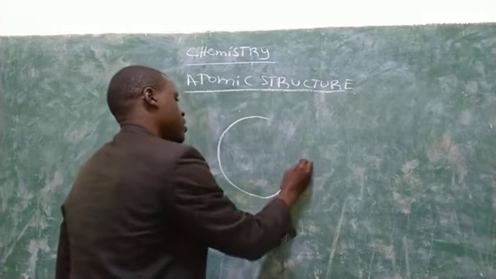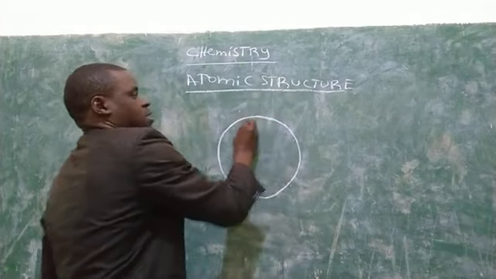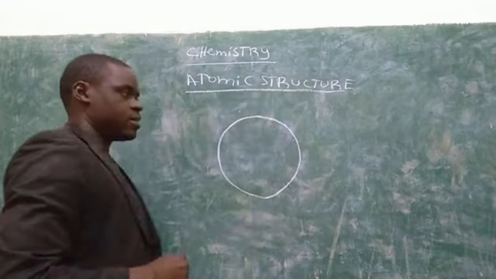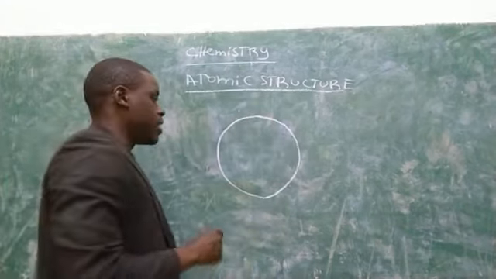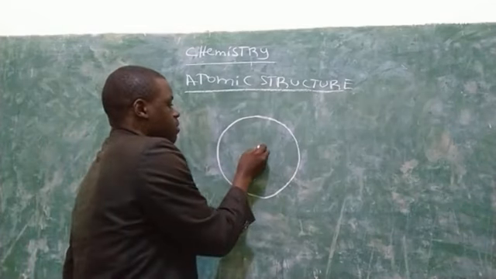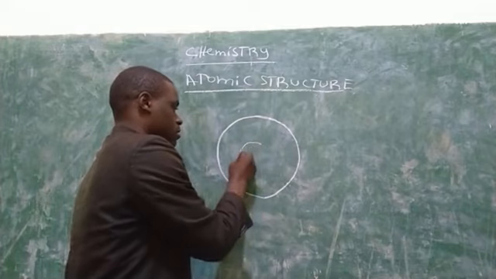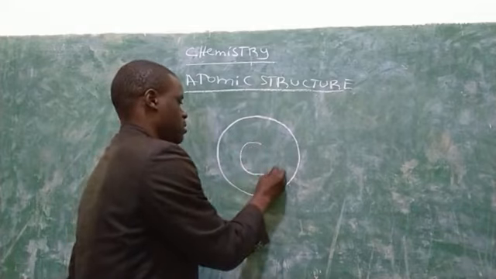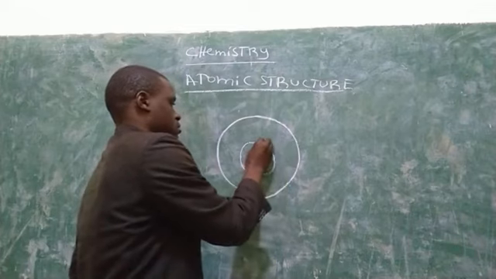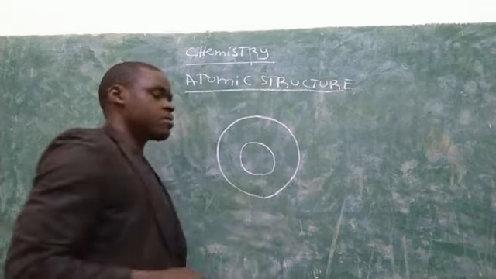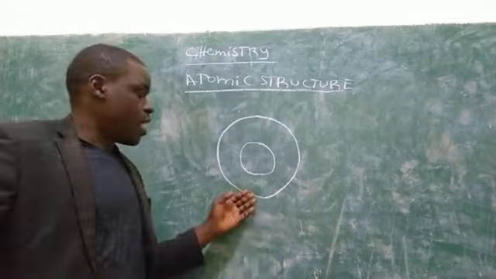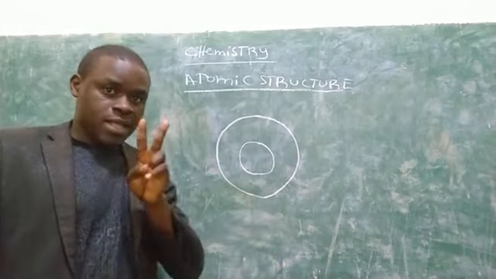We suppose that an atom is like this. And in an atom, we have what we call the nucleus, which means an atom has two parts.